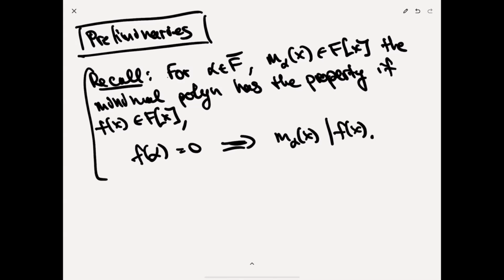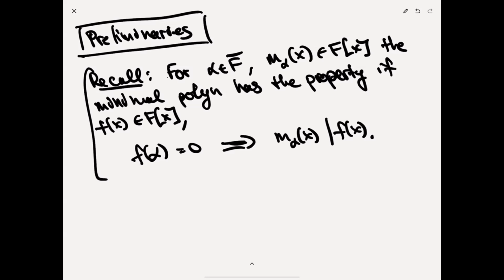It's an irreducible polynomial with the property that if a polynomial vanishes at alpha, then m alpha needs to be a factor.